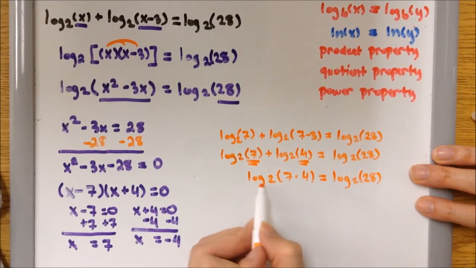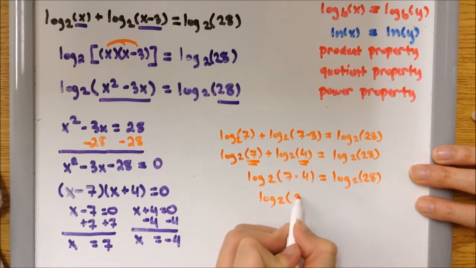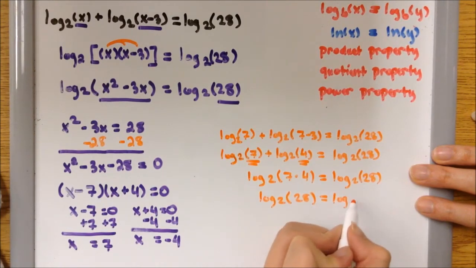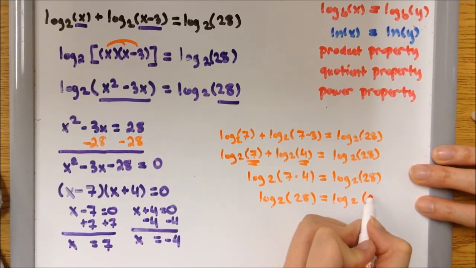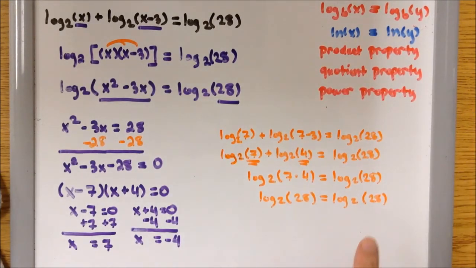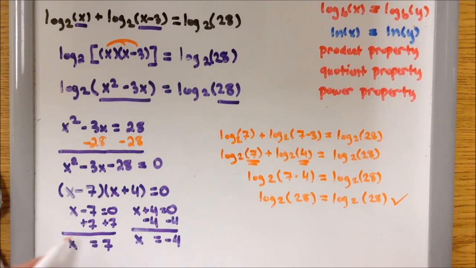So on my left side we have log base 2 of 28, equal to log base 2 of 28 on the right side. They're equal to each other, so it worked. So x equals 7 works.